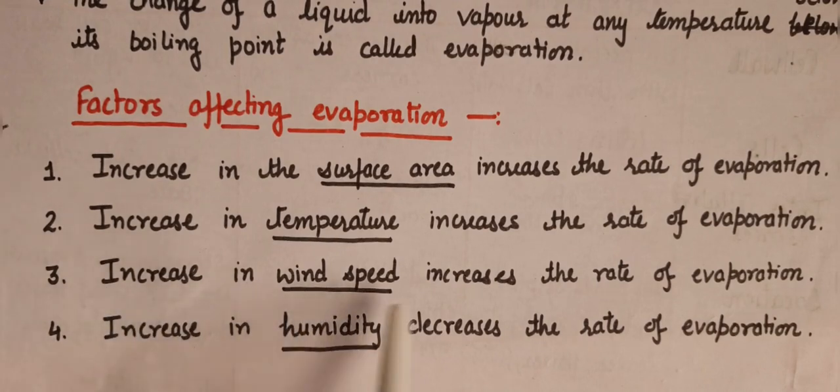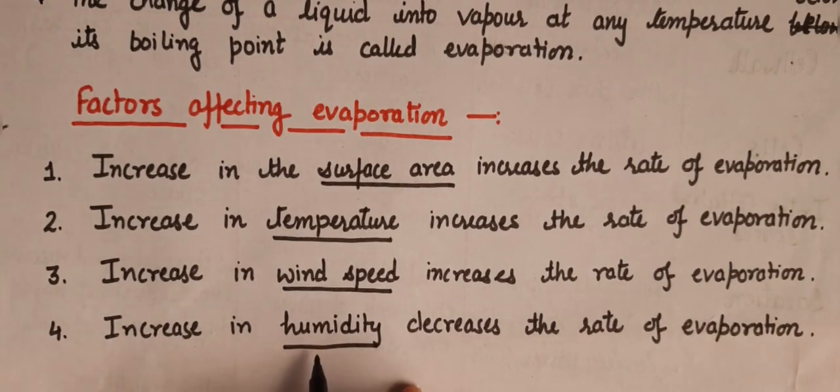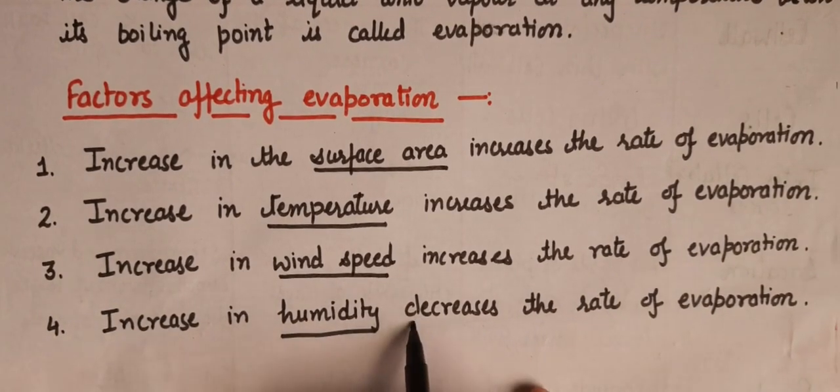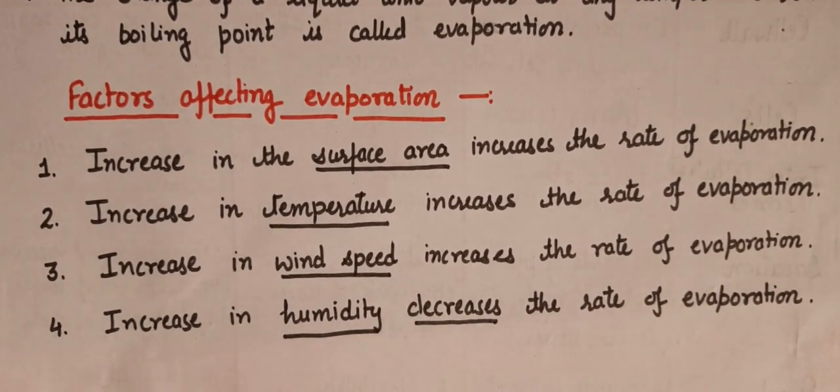Increase in wind speed increases the rate of evaporation. If there is a heavy wind, then again the rate of evaporation is more. Now, the fourth one is humidity. Increase in humidity decreases the rate of evaporation.